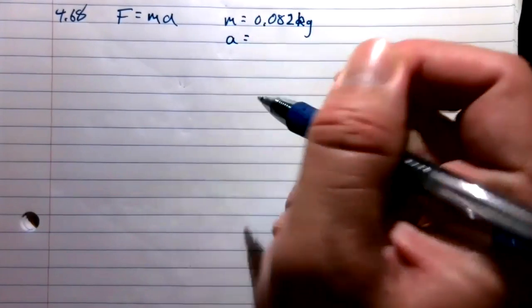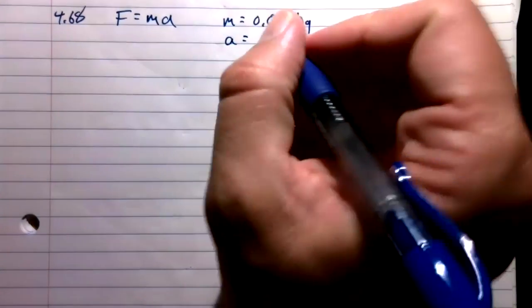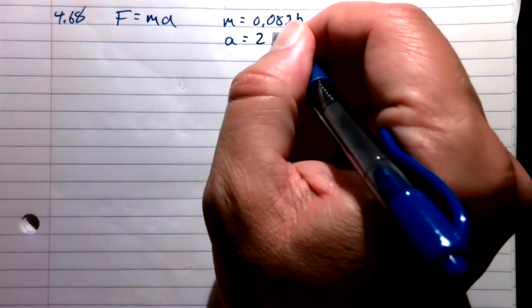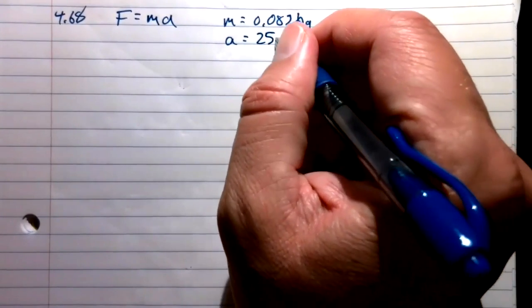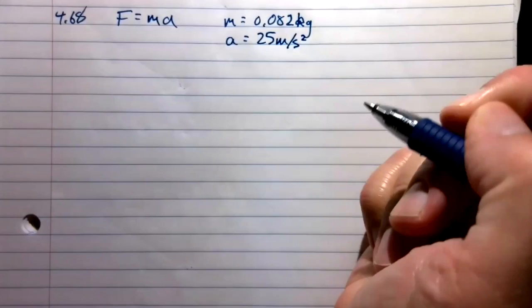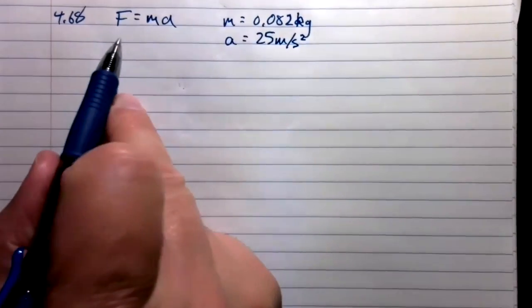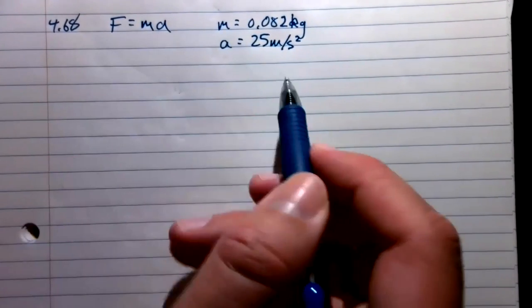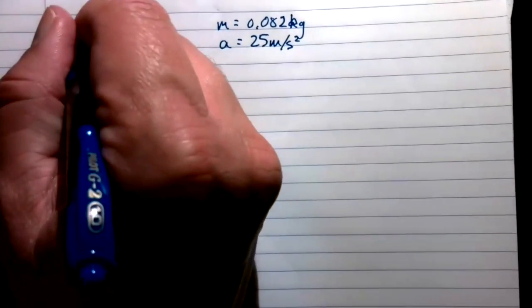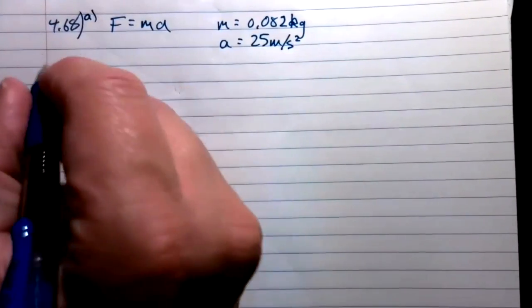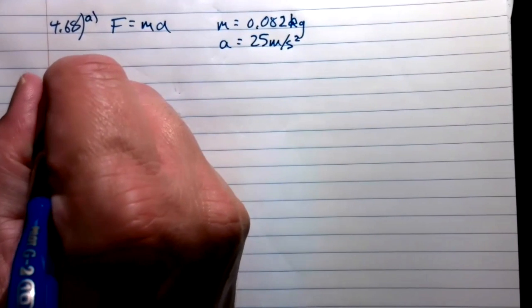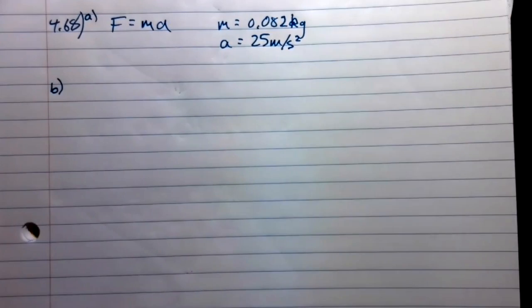If I look at the graph there, it looks like it is 25 meters per second squared. So we found F equals ma. We can plug in our numbers there and we can get a number. That's not too bad.